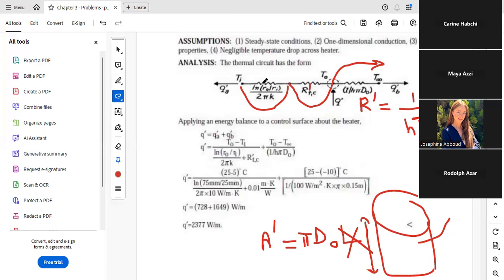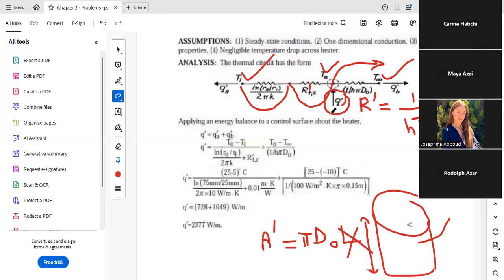And for the resistance to conduction per unit length, we said it's ln r out over r n divided by 2 pi k. And in this equation, T0 is given, and Tn and T infinity also are given. So here, the unknown, if you want, is Q prime. We need to calculate Q prime.